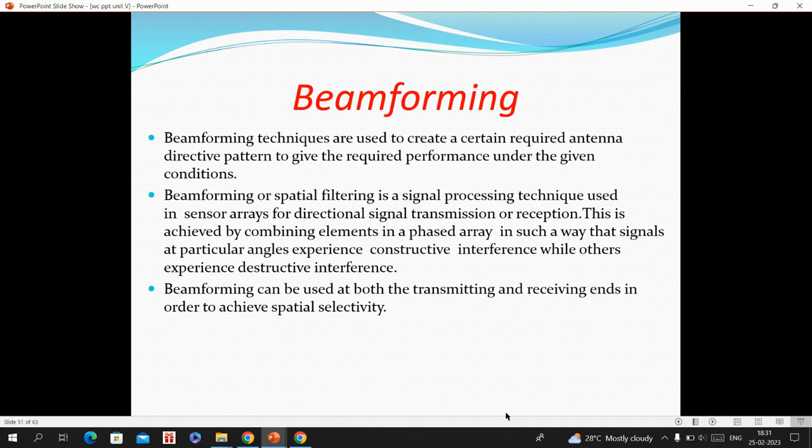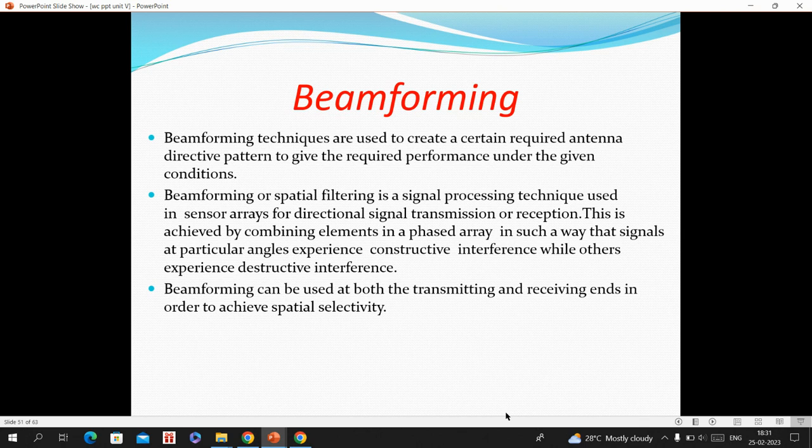For transmitting information in a required direction, the transmitting end has to scan the particular area to acquire the information in advance. By scanning the area or cell, it can identify where the users are available.